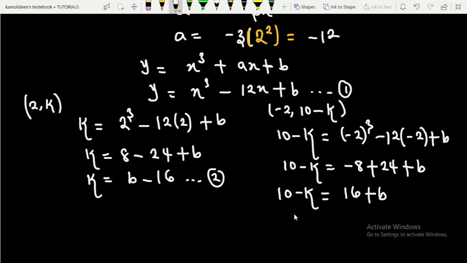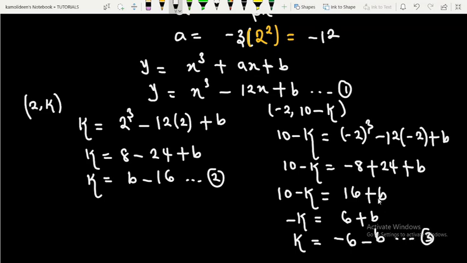If you subtract 10 from both sides, we'll have negative k equals 6 plus b. If we multiply both sides by minus, we're going to have k equals negative 6 minus b. So this is going to be our equation 3.